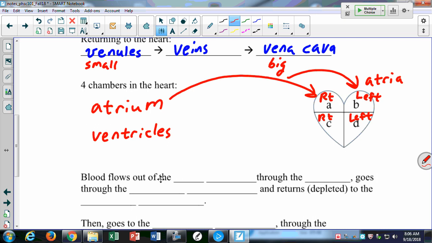So blood flows out of the left ventricle through the aorta. It goes through the systemic circuit. And then it returns depleted to the right atrium.